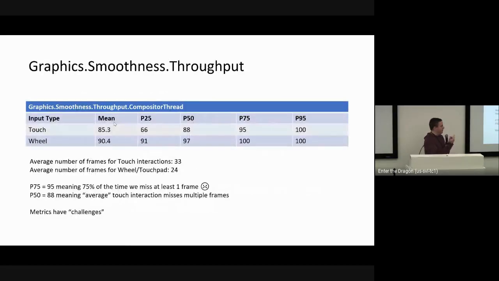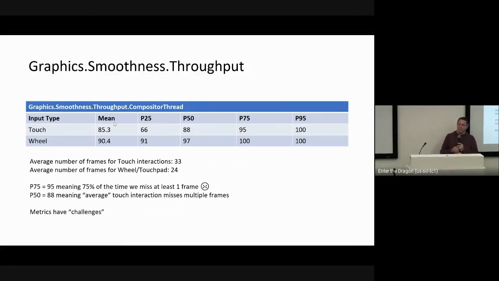So these are some numbers that I pulled from our current channels. We haven't shipped stable yet, so you have to be aware of potential sample bias, I suppose. But I wanted to talk through briefly, using some fuzzy math, what this means from a user experience perspective. If you look at touch, for example, at P50, about 88% of the frames that we're trying to generate on the input thread, we actually succeed at generating.